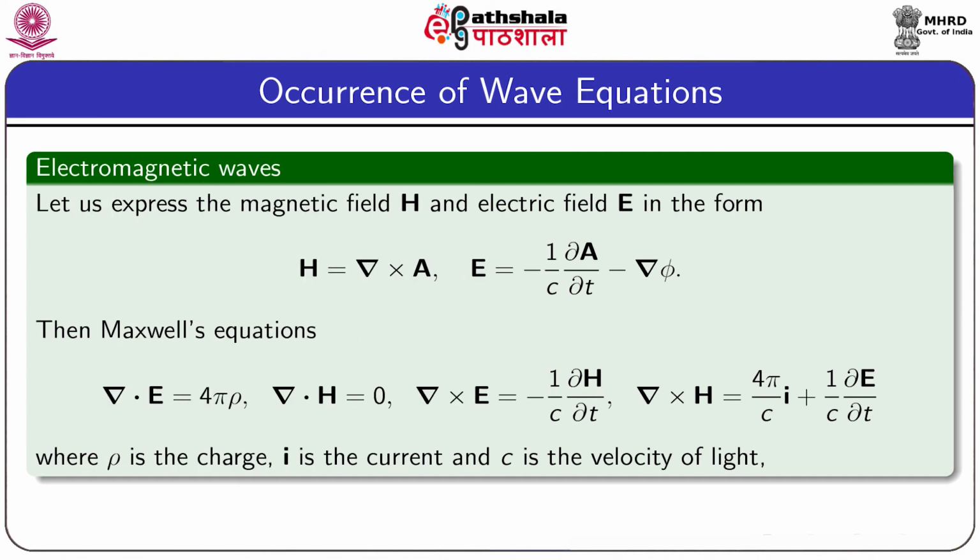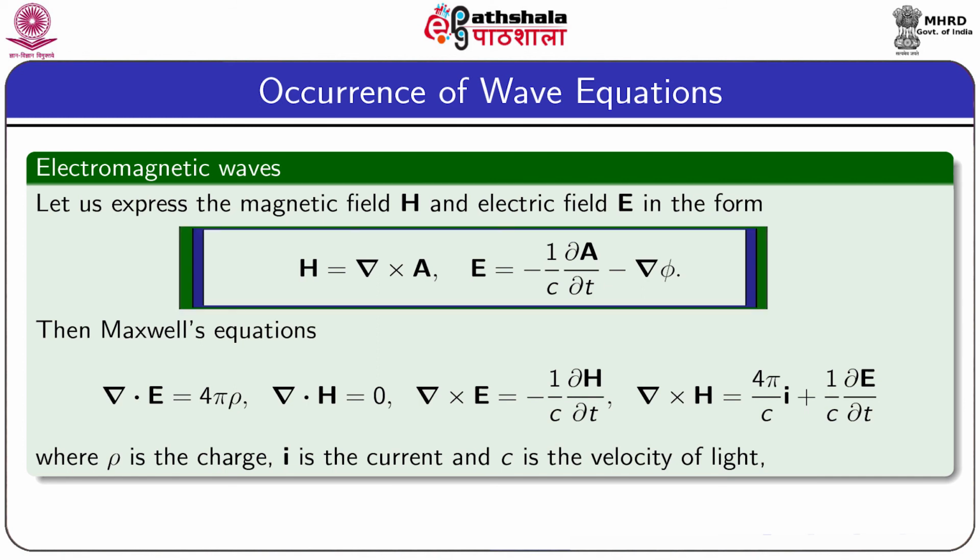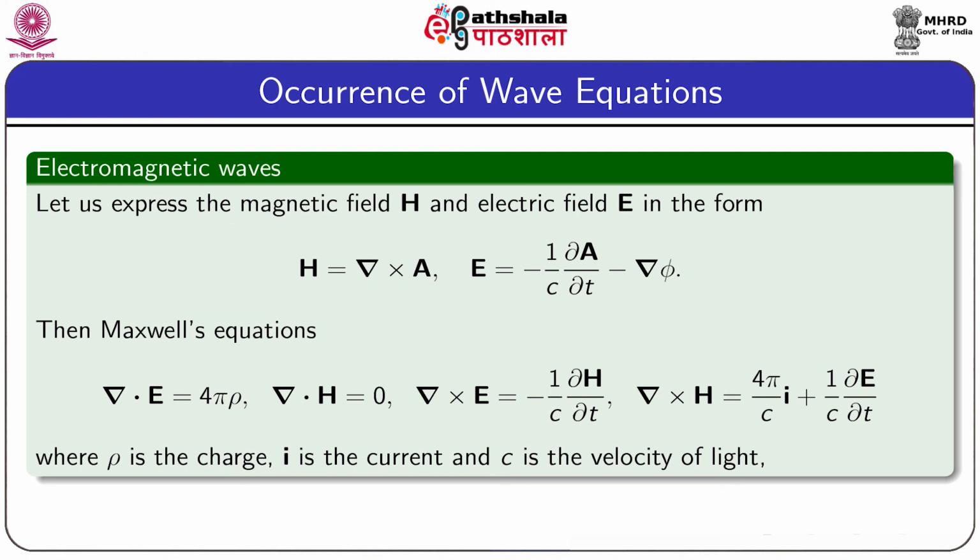Now, I shall discuss how the wave equation can arise in electromagnetic problems. Let us express the magnetic field capital H and the electric field E in the form H as curl of some vector capital A and E equals minus 1/c ∂A/∂t minus grad phi.